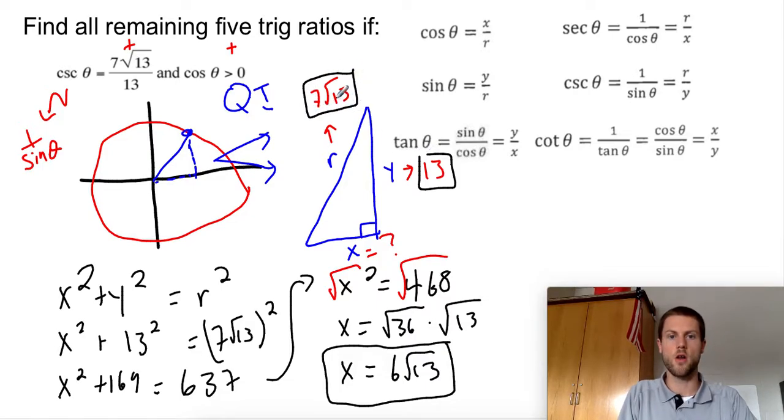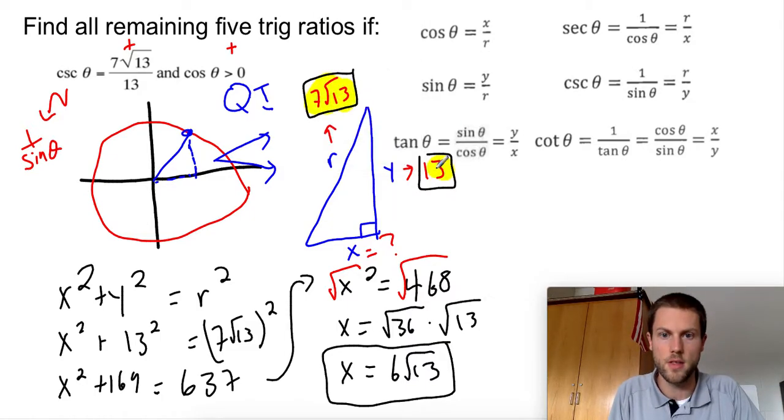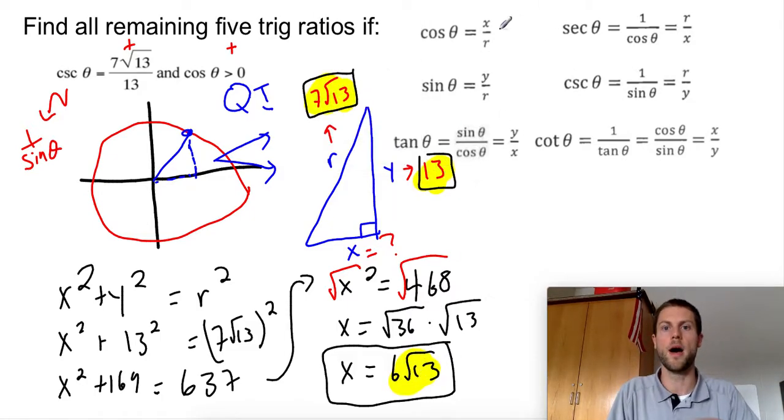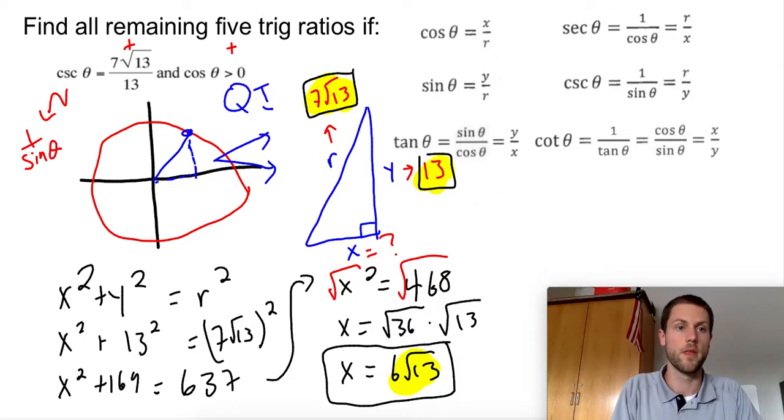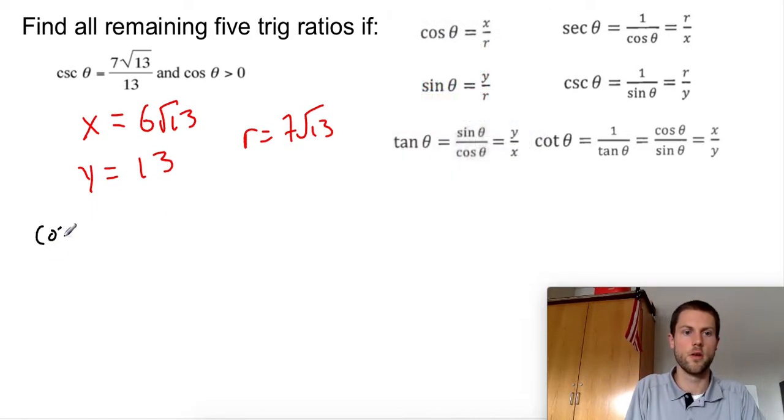So I'm going to take all 3 of these, this guy, and this guy, and this guy, and I'm just going to pop them into my various trig ratios. So let's do that. Here's my x, my y, my r, and I'm just going to fill this out from this point onward. The cosine of theta is equal to x over r, so that's 6 root 13 over 7 root 13.